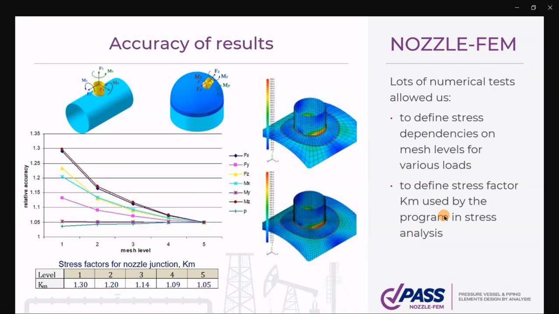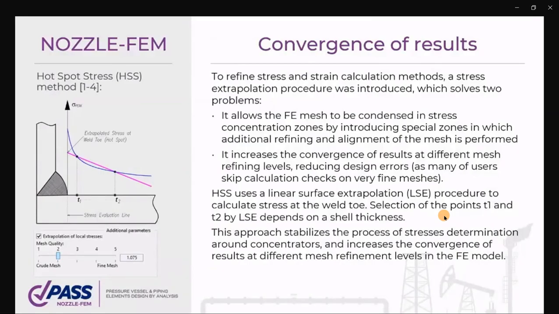The factor was taken into account when determining the allowable stresses. The stress factor for the first level is 1.3 and for the fifth level equals 1.05. The program implements the so-called hotspot stress method with extrapolation of stresses, which allows getting more accurate results with a coarse mesh and reducing the additional safety factor.